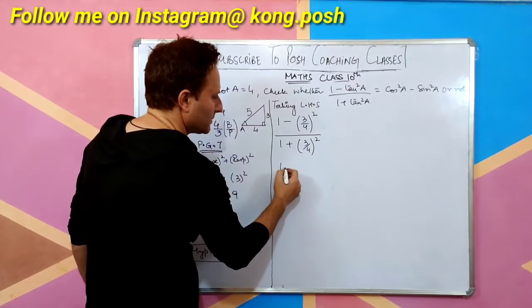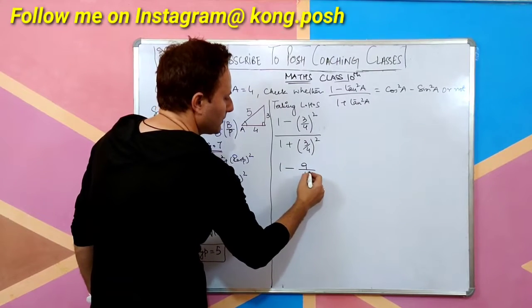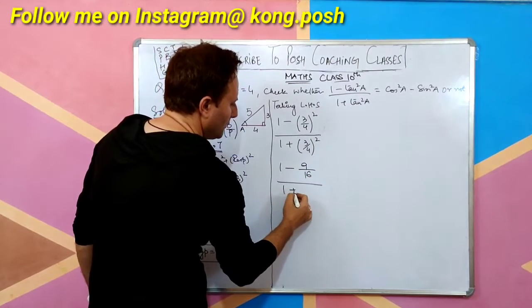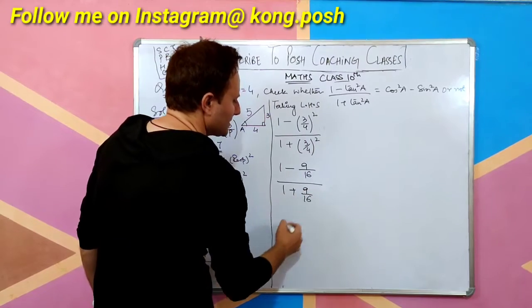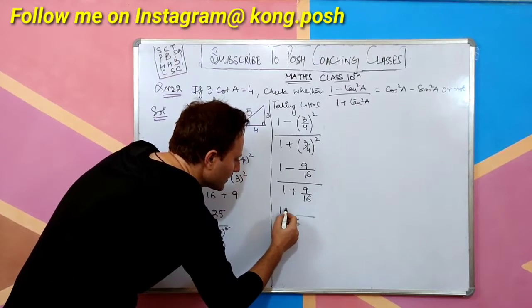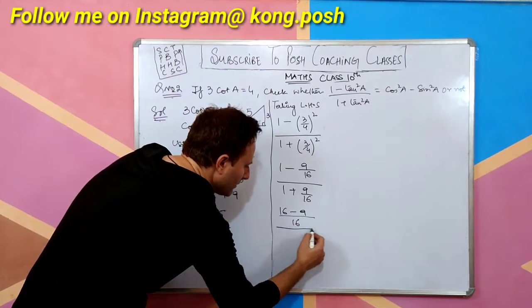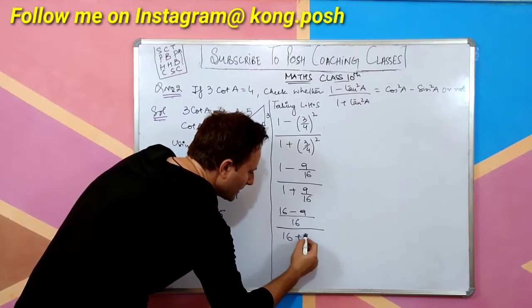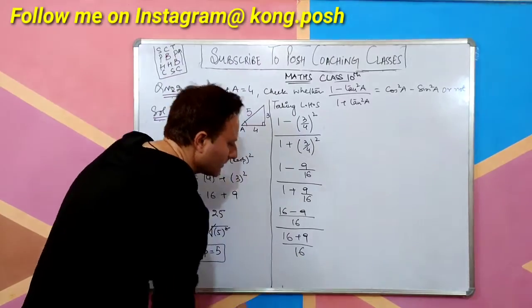What does this become? It is 1 minus 9 upon 16, 1 plus 9 upon 16. Then we'll take 16 LCM, it is 16 minus 9, and then 16 plus 9 upon 16.